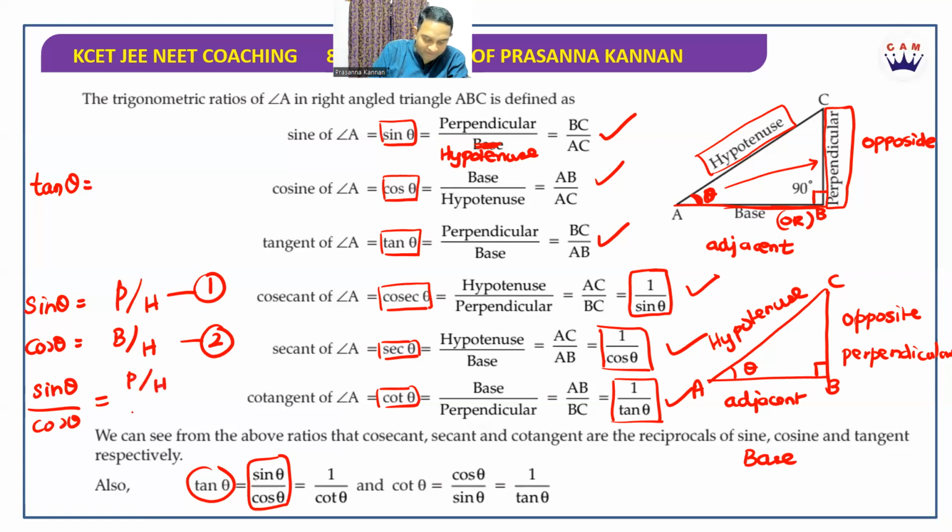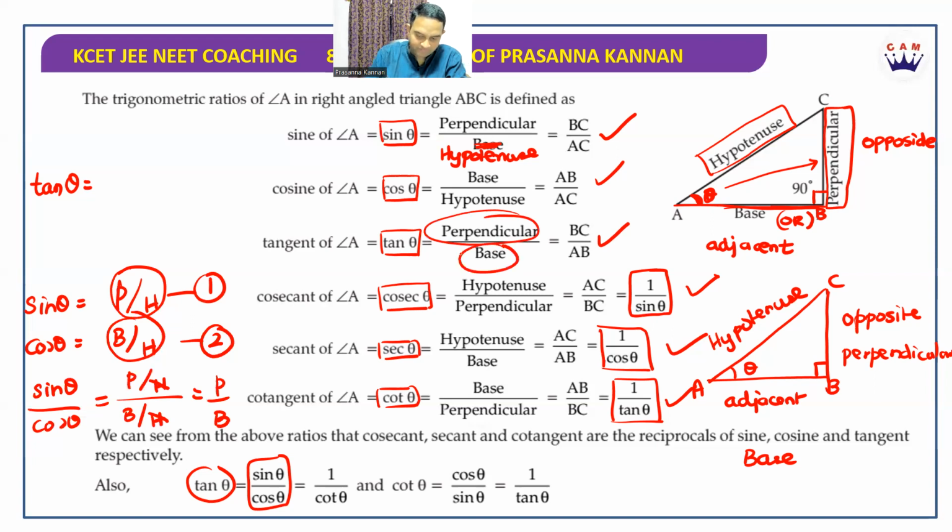P by H divided by B by H. Can I cancel the H and H? So I will get P by B. P is perpendicular, B is base, which is nothing but tan theta. That is why sin theta by cos theta is tan theta.